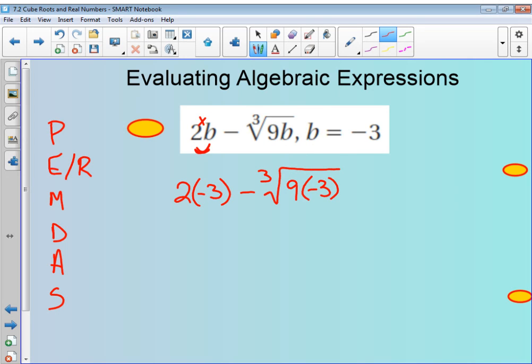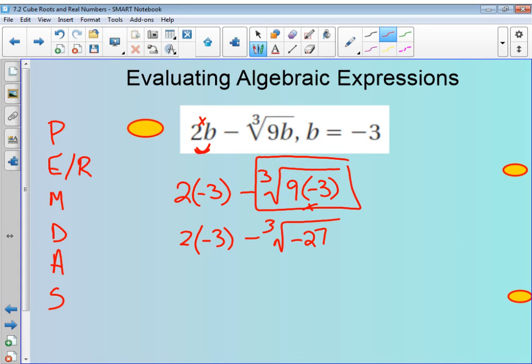Okay, parentheses we have, but that's just to show our multiplication. So then we're going to do exponents and roots. Here I've got a cubed root right here. I need to actually simplify the underside of that. So 9 times -3 gives me -27. So I'll rewrite it.